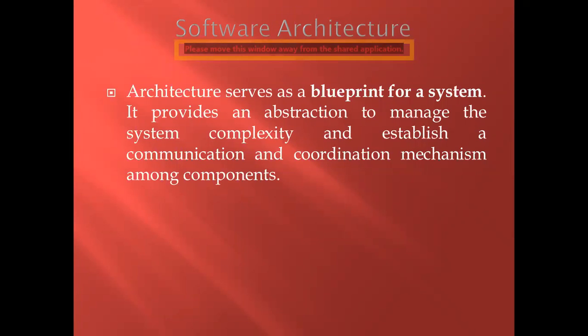It means how we generate the initial model for a particular project. Architecture serves as a blueprint, meaning the initialization, the basic or primary level of what is needed for the project. Here we divide our software or project into a number of components, study them, and create the blueprint for that.